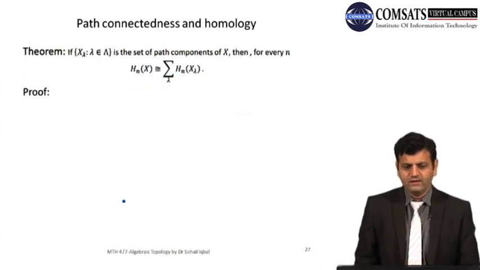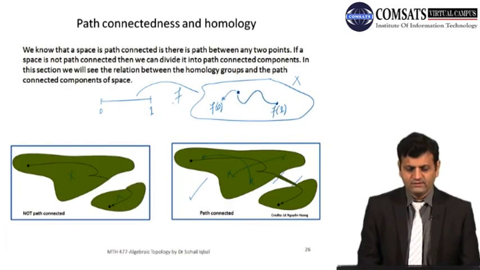Now, what is a path connected component? It's the maximal path connected part of the topological space X. In this case we have two path connected components.